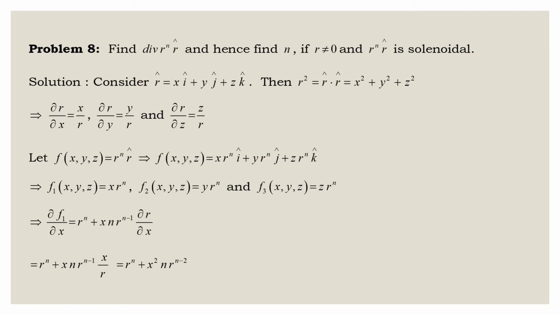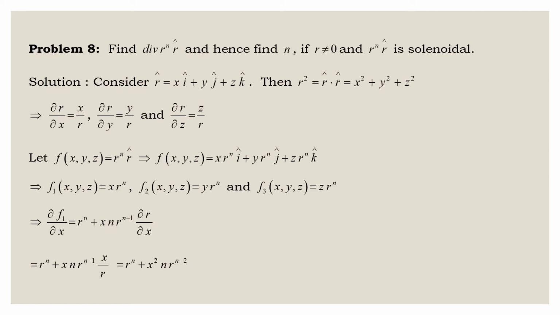In the first part, let us consider the vector r cap equals x i cap plus y j cap plus z k cap. As usual, we find out r square. R square equals r cap dotted with r cap.